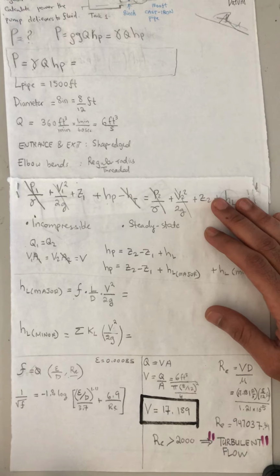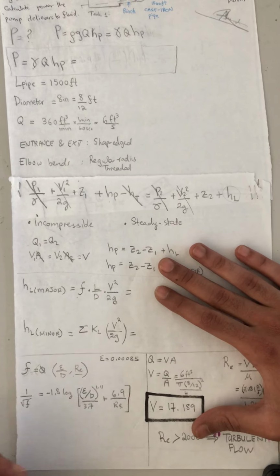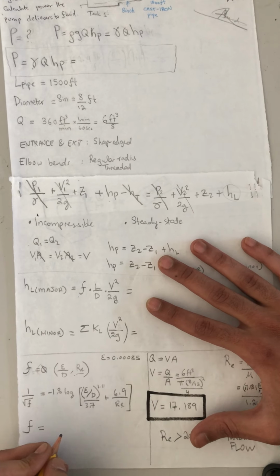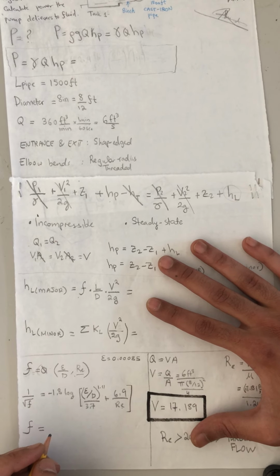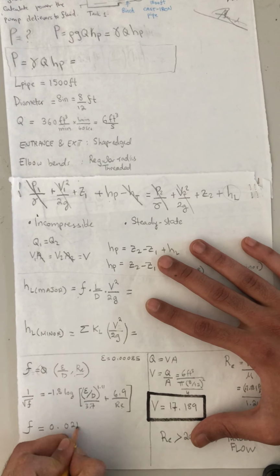I have done the math in advance so we can save time. Our frictional factor comes out to be 0.0218.